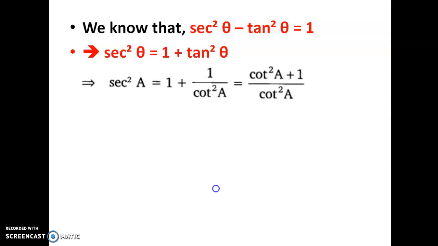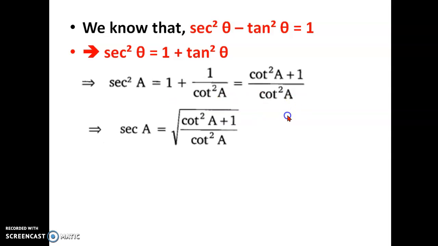So in the place of tan it is written as 1 by cot square A. Now take the LCM. Here you have 1 and here you have in the denominator cot square A. So the LCM will be cot square A. So this cot square A should be multiplied with the numerator 1. So 1 into cot square A is cot square A only, plus 1, the whole divided by cot square A.